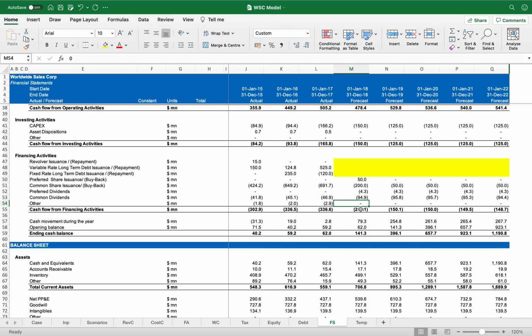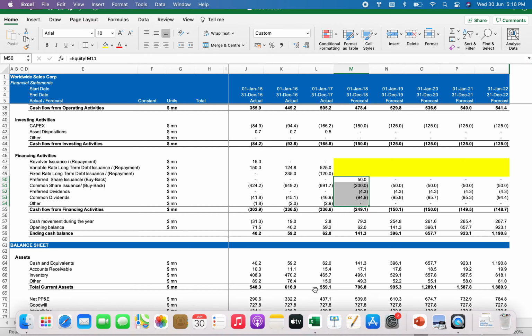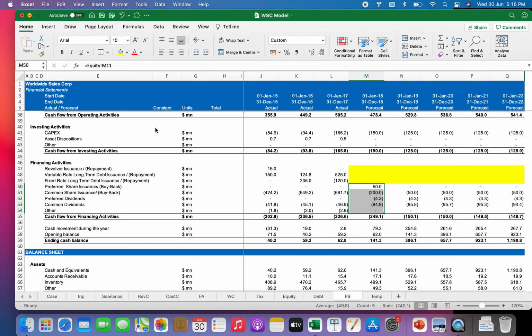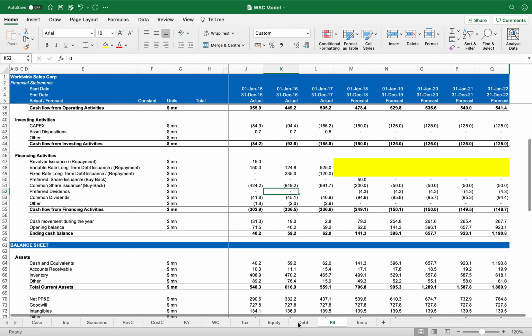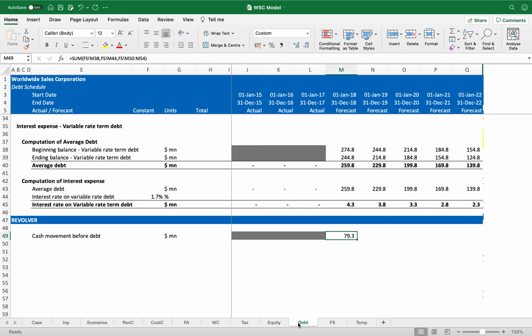We'll talk about why in just a while, okay? But always remember to link to the individual components except debt. Just leave the debt components and link all the individual components. Okay? So what you have is your cash movement before debt.